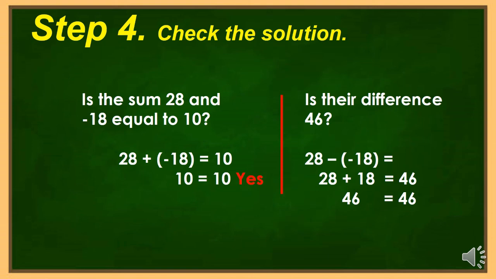Let's check. 28 plus negative 10 equals 10. Perform the indicated operation. According to the rule, if the two integers to be added have different signs, get their difference. So, 28 minus 18 is 10. Therefore, we can now conclude that 28 plus negative 18 has really the sum of 10.